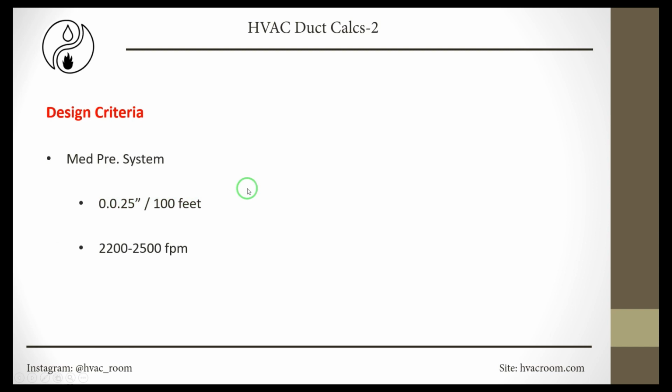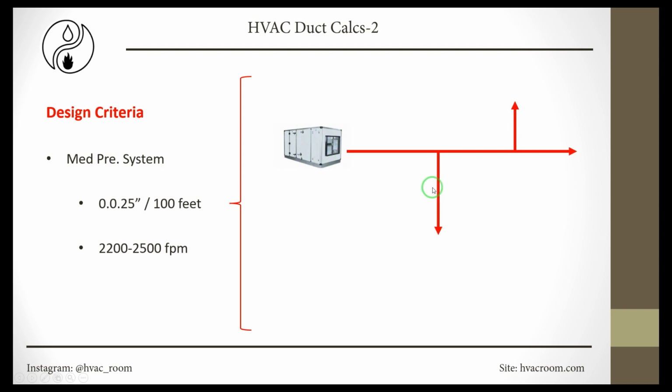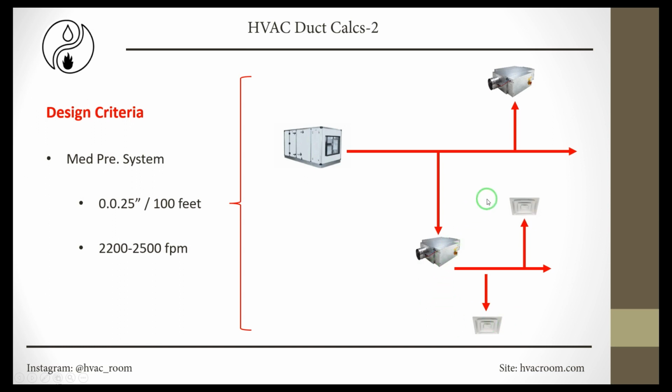Basically, if I want to talk about the pressure drop and also the velocity on this structure, let's say we have a rooftop unit or air handling unit here, and on each branch we are going to have these VAV boxes, right? After each VAV box, again, we are going to have the same structure with diffuser. So for this part, we call it low pressure system, but from the air handling unit to each VAV box, we call this section medium pressure.